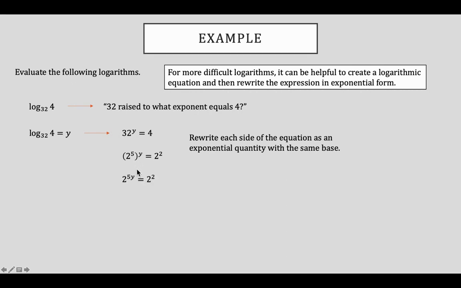This would be 2 to the 5y is equal to 2 to the 2nd power. Using the one-to-one property, this means that 5y is equal to 2, and that y is equal to 2/5. All right, that means log base 32 of 4 is equal to 2/5. 32 raised to the 2/5 power is equal to 4.